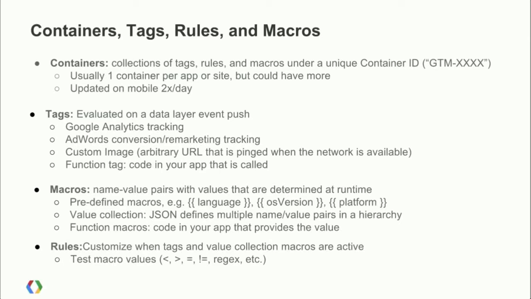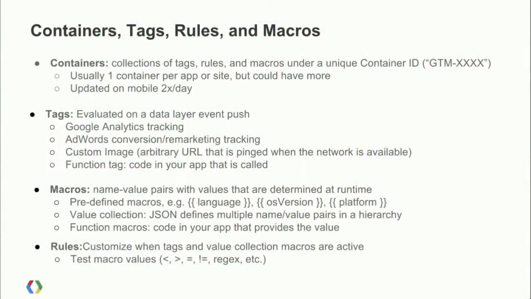Well, this means you can actually take your mobile application and get rid of all the explicit Google Analytics calls. Instead, you have pushes of events to the data layer. And then in the UI, you set up, when this event happens, I want this GA call to happen. That's a tag.